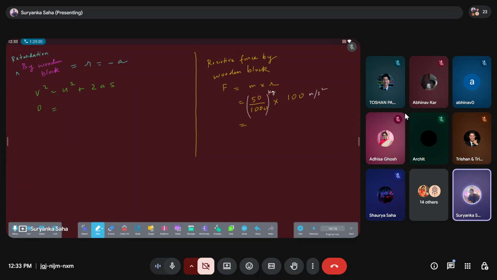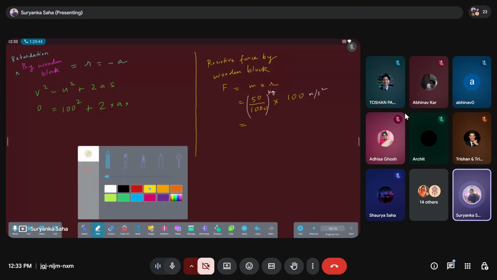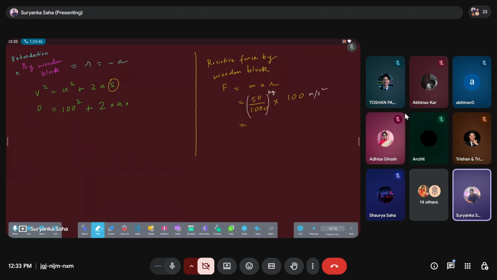Initial velocity is 100, so 100 square plus twice into a, and s is how much? This s is the penetration distance, the penetration of the bullet inside the wooden block.